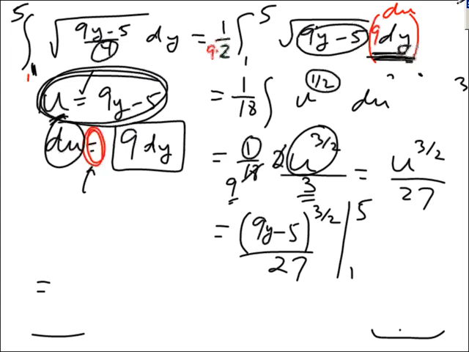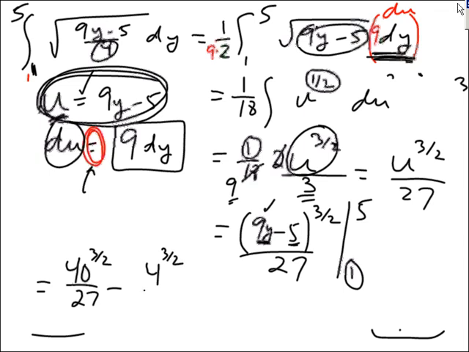Well, when you plug 5 in, 9 times 5 is 45, minus 5 is 40. 40 to the 3 halves over 27 minus, you plug 1 in. 9 times 1 is 9, minus 5 is 4 to the 3 halves over 27. So everything's over 27.